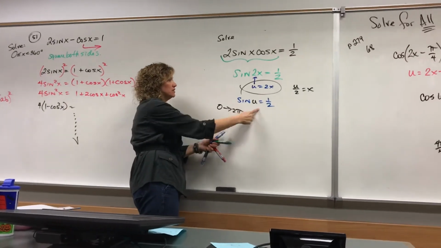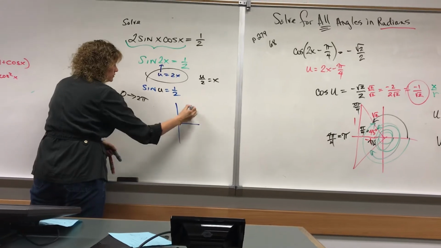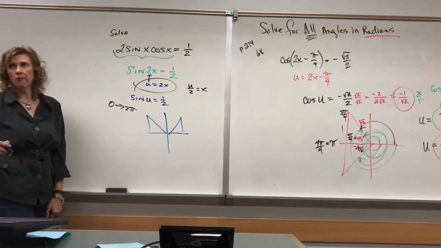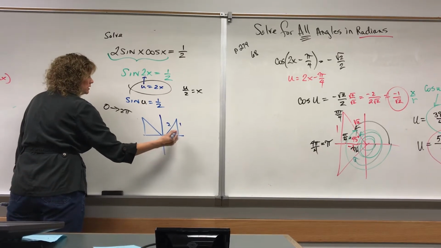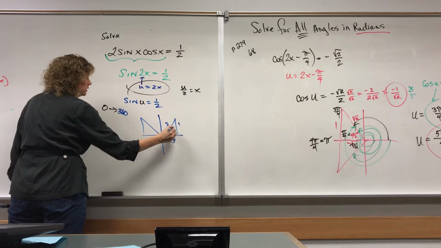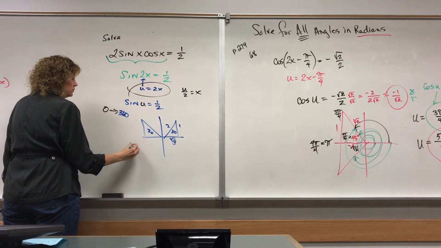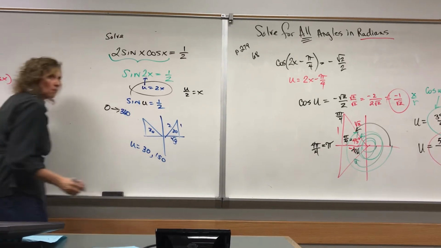If I solve this from 0 to 2 pi, you're going to say, well, I need my first quadrant angle, my second quadrant angle. Okay, 1, 2, root 3, let's just solve it at 360, because that's easier. u equals 30, 150.